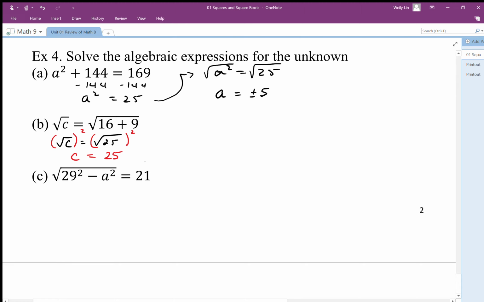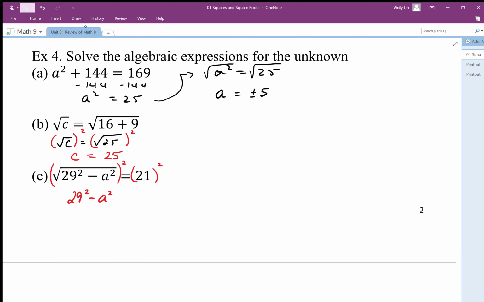So what I can do though is get rid of the whole square root, just like I did in the above, by squaring both sides of the equation. So I'm not going to apply square and square root here and here. I'm going to apply the square and square root to the whole thing. That will undo the square root, but I'm still left with 29 squared minus a squared.